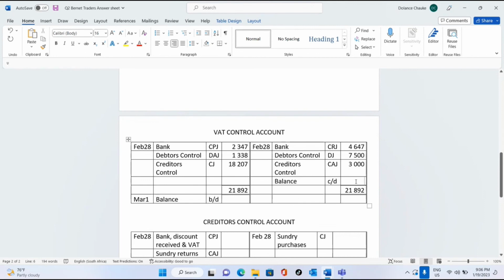How much is your balance there? I'm getting 6,745. Is everyone getting that? Yes. Therefore this is your balance carried down, which is your closing balance, and it will be your opening balance in the following period, 6,745.